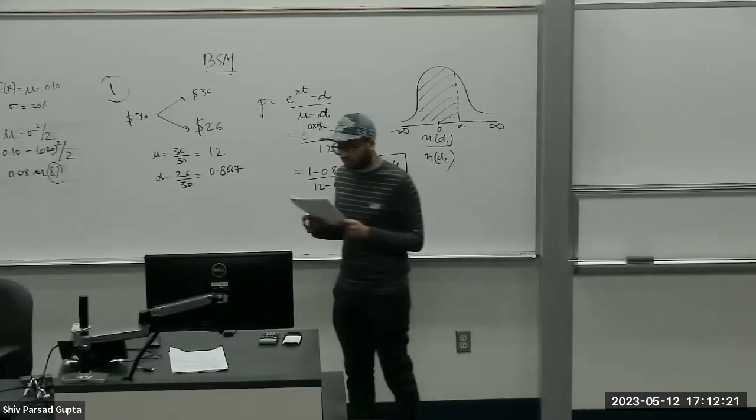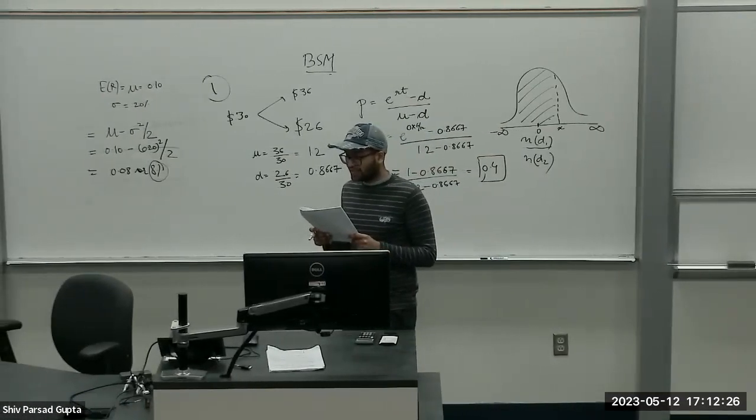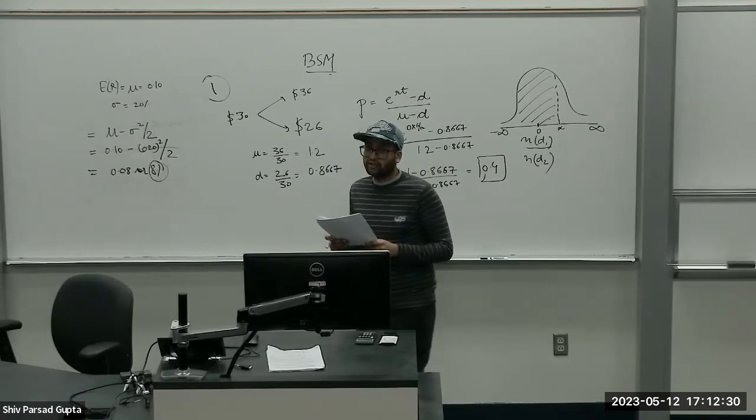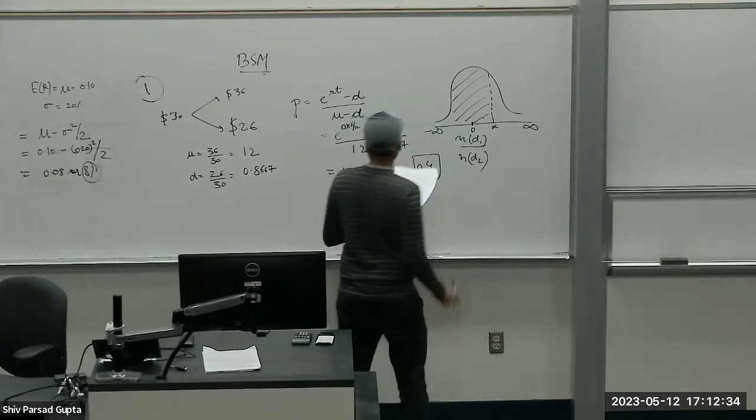Okay, moving forward to question number 7. Which of the following is a way of extending the BSM formula to value a European call option on a stock paying a single dividend? For the Black-Scholes model, we know what the formula is.